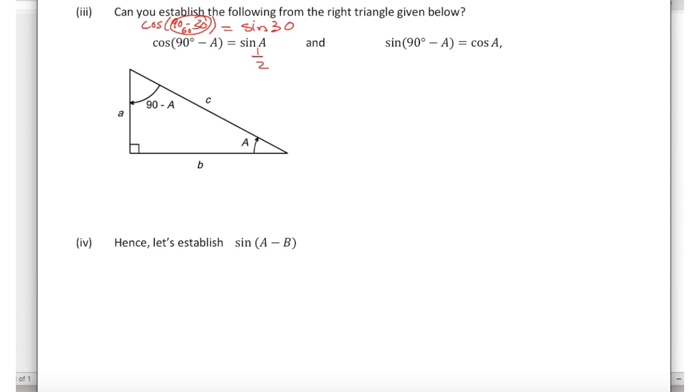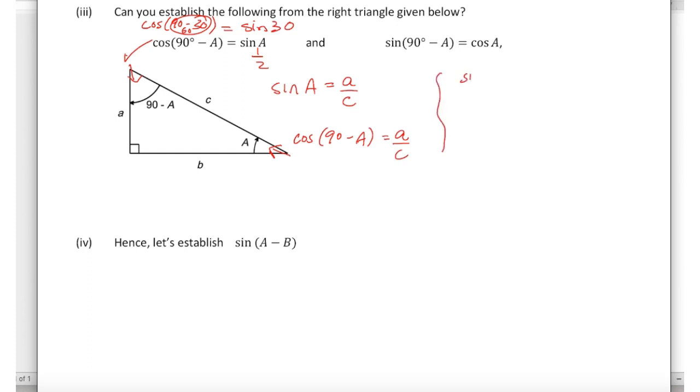So sine A should be opposite over hypotenuse. So we're looking from this angle. But then if we look from the other angle, and we look at cos of 90 take whatever A is, because it's a right triangle, that's also the adjacent over the hypotenuse, which is also A over C. So yes, we totally agree with this in terms of not knowing some values plus working it out in a general form.